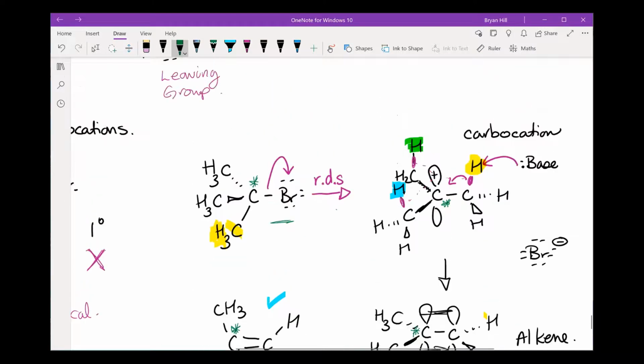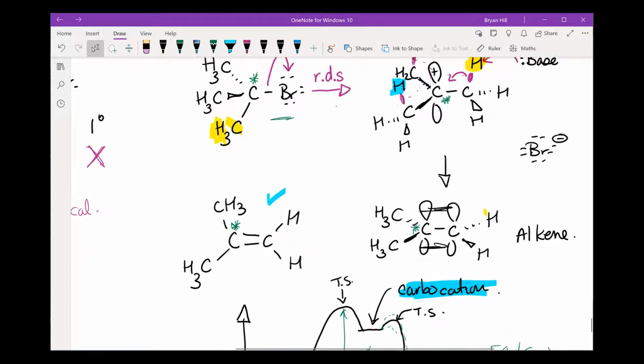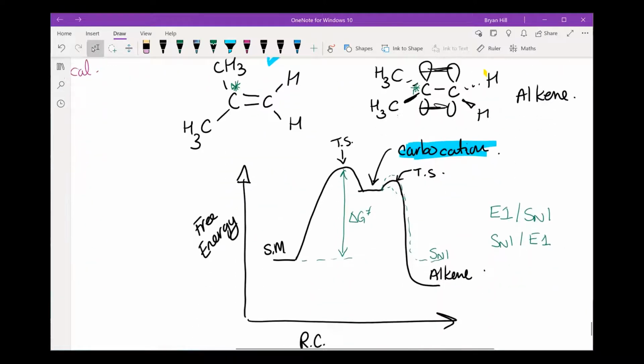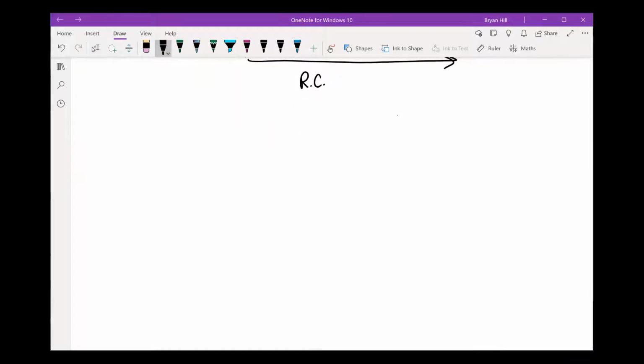Now, one of the things to consider is if there was a choice between protons to be removed. So let's change this slightly. Okay, so here we go. All I've done is, instead of 3 methyl groups, we now have an ethyl group and 2 methyl groups.